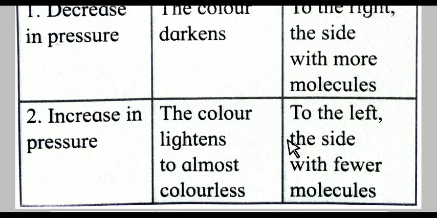It means that whenever the forward reaction occurs, there is an increase in the number of molecules, and similarly whenever the reverse reaction takes place, there is a decrease in the number of molecules.